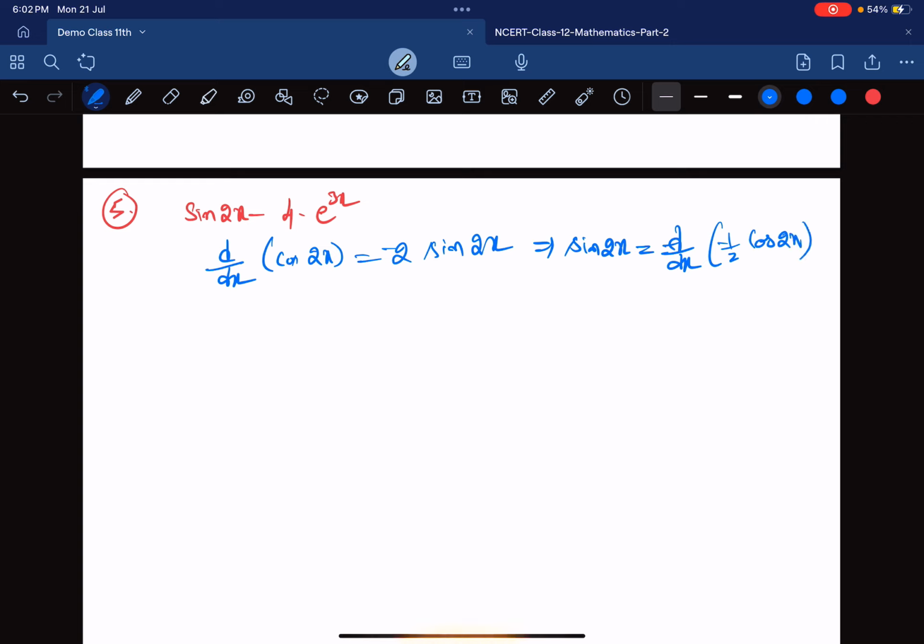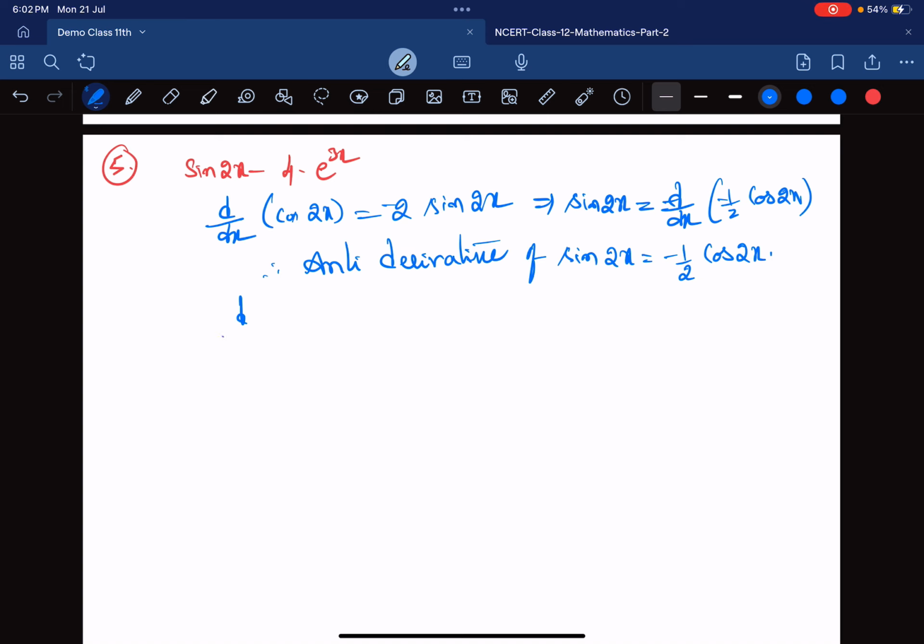So therefore, the antiderivative of sin 2x is minus half into cos 2x. Now the second part. We know d by dx of e power 3x is 3 times e power 3x.